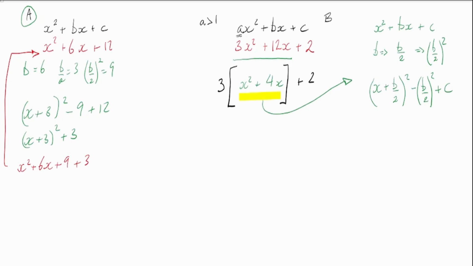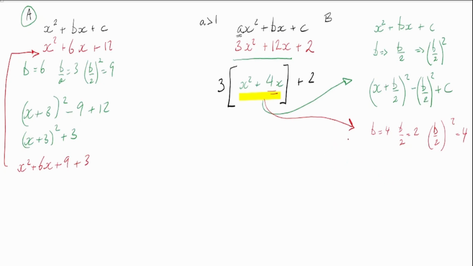So here is the step that a lot of people get wrong. What's my b value? b is not 12. b is 4 here. So if I do the work on this, b equals 4, b over 2 is 2, and b over 2 squared is 4.